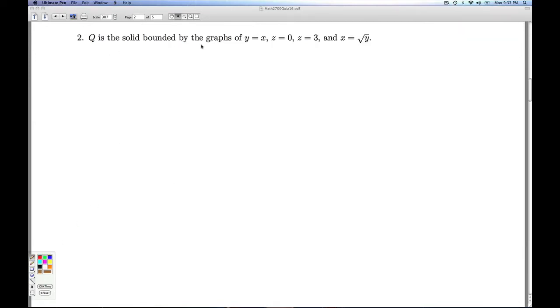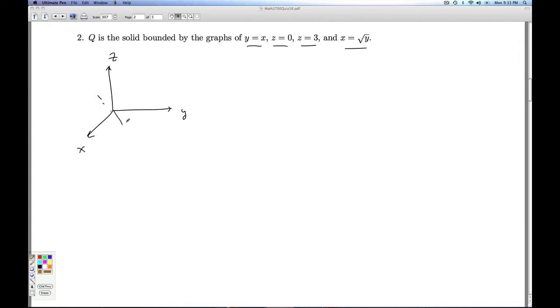Number 2, we're looking for the solid bounded by the graphs of y equals x, z equals 0, z equals 3, and x equals square root y. Well, y equals x, in the xy plane, that's just a line that's going to go out and back.